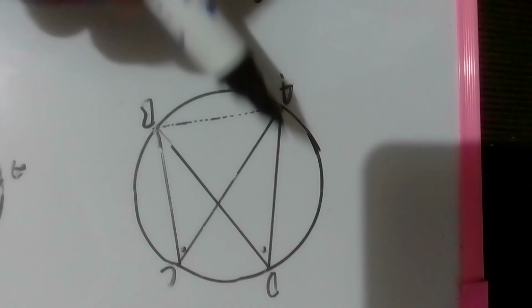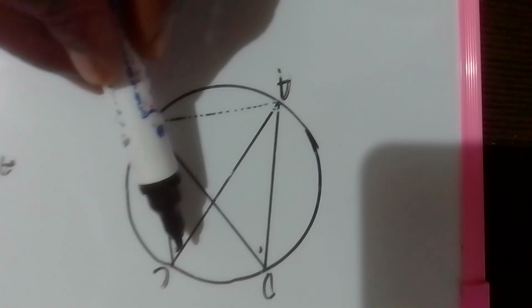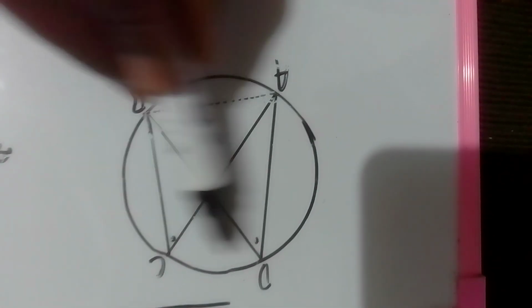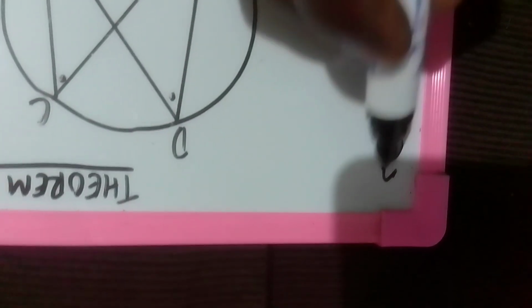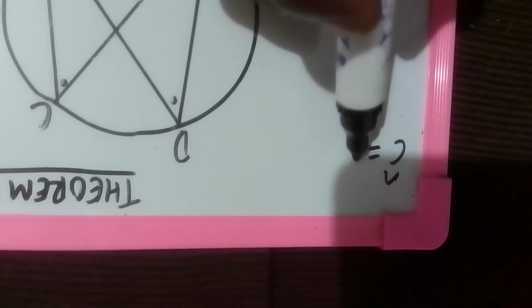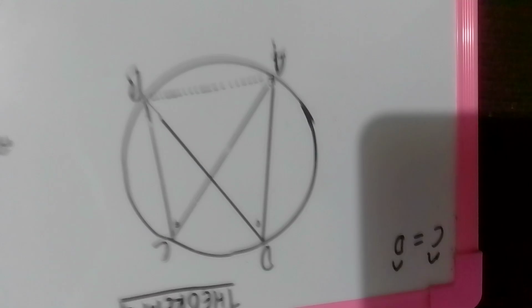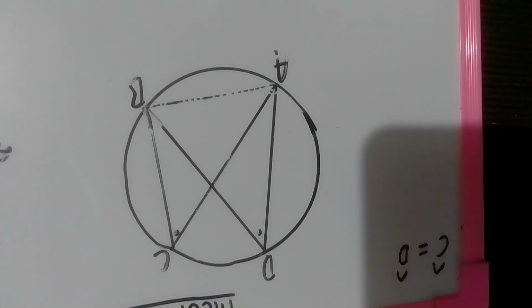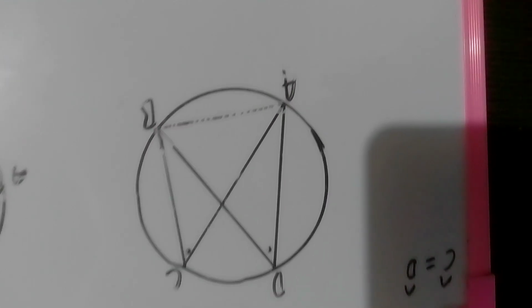So, this chord AB, it created angle D and angle C, and angle C and angle D, they are equal. So I come here and I write that angle C is equal to angle D.